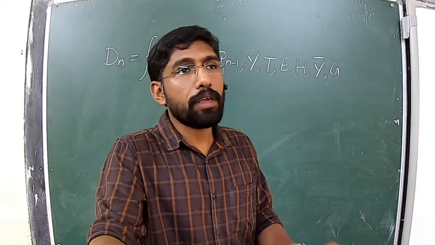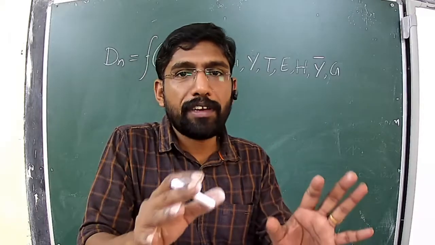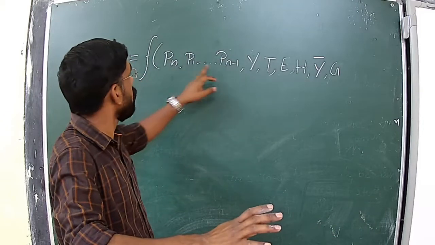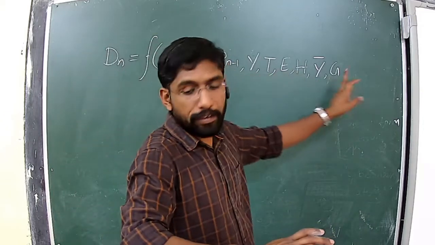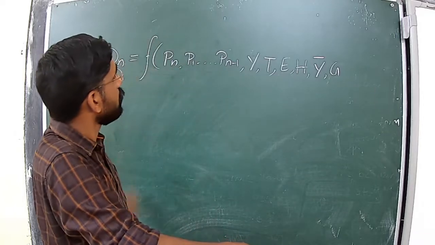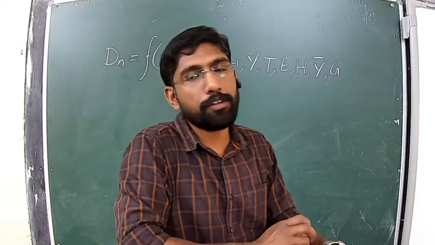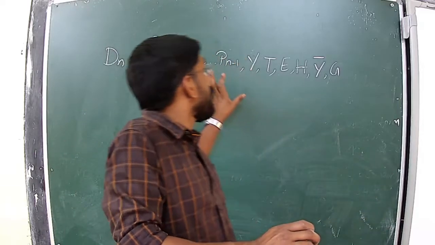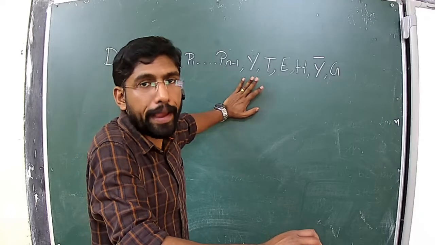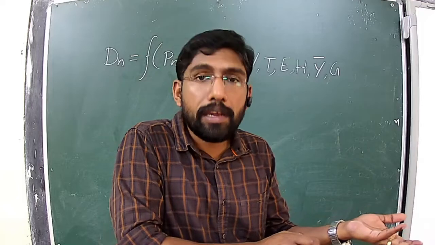So see, in the demand function, we cannot limit it only to these 9 points: the price of the commodity, the price of the related commodity, and so on. The demand function cannot be limited to these few points, but there are so many other determinants also.